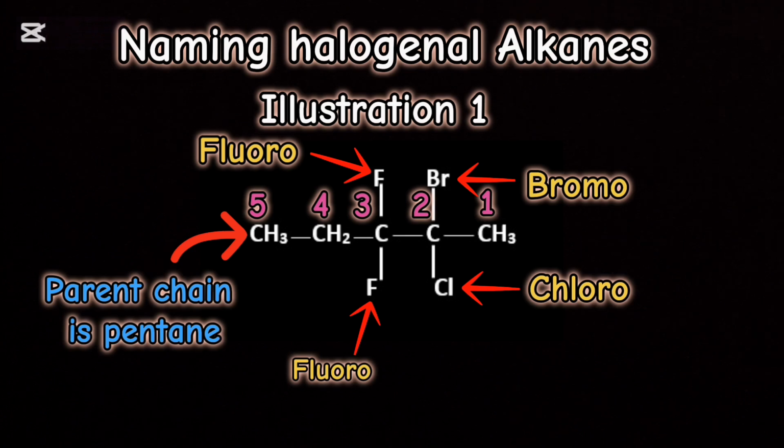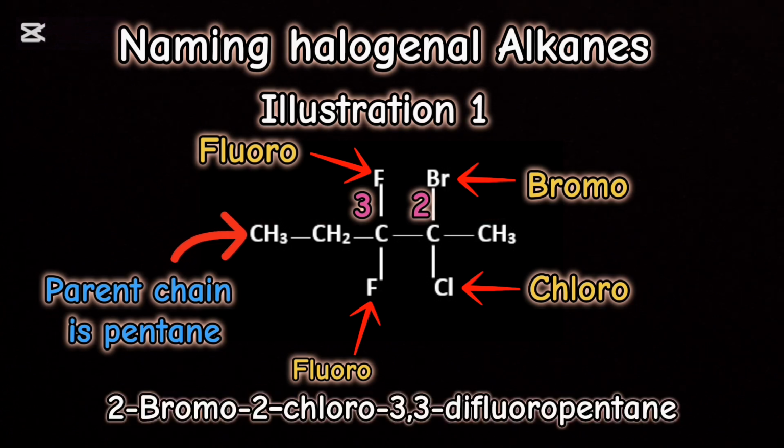In order to write the name of this compound, we must respect the alphabetical arrangement of the 3 different group 7A substituents, and therefore the name of the displayed compound will be 2-bromo-2-chloro-3,3-difluoropentane, which is simply pronounced as 2-bromo-2-chloro-3,3-difluoropentane.